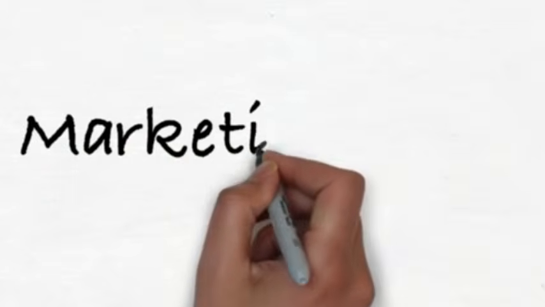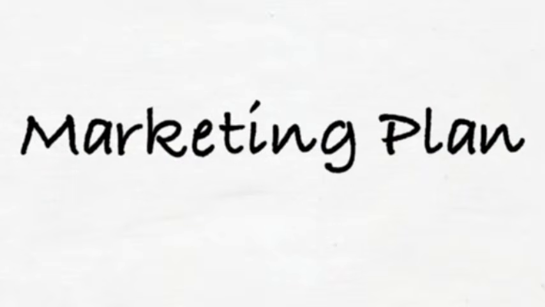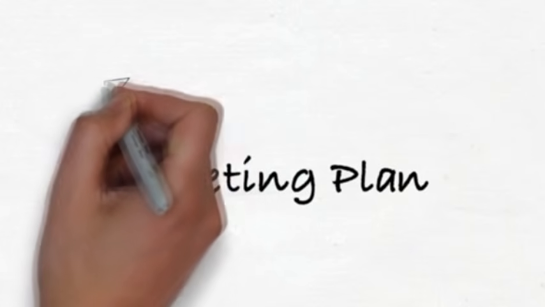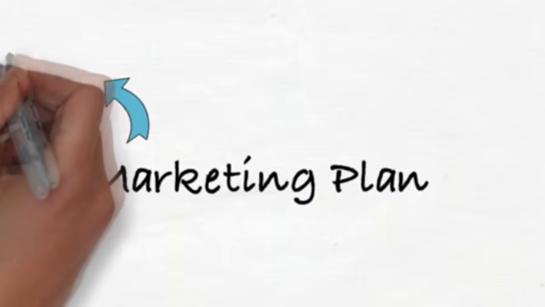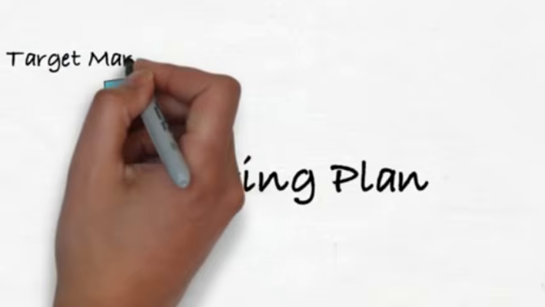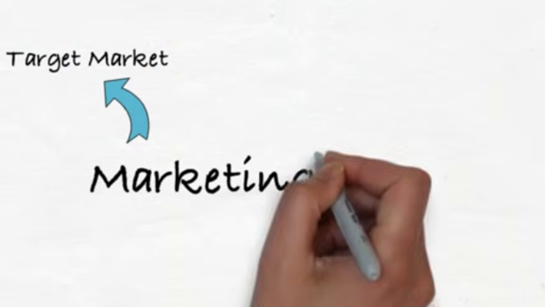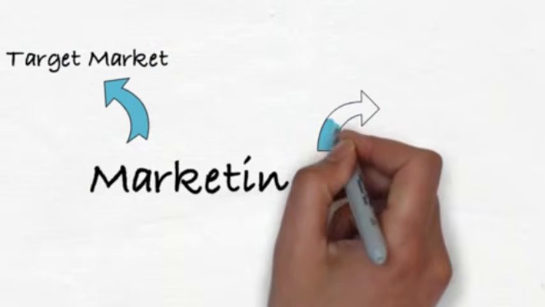In Activity 2, you are required to create a marketing plan for the business you have been given. This plan should include 4 main elements. Firstly, you should identify your target market, who you will target your marketing campaign towards and why.